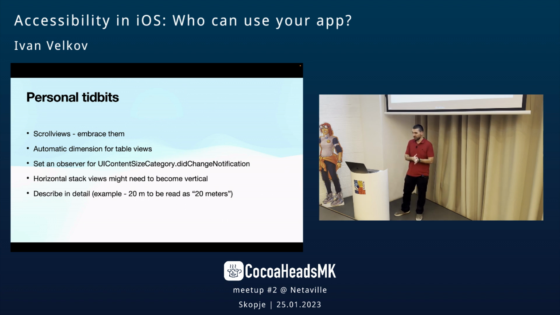Fourth point, horizontal stack views. Maybe you have a list of services that you can call, email, or a map button. So you would have them as small buttons in a horizontal stack view, but when you enlarge the font, width-wise, you don't have a lot of space.